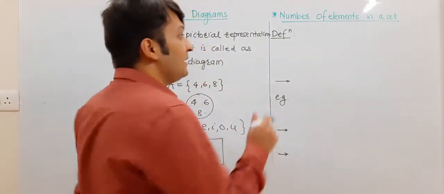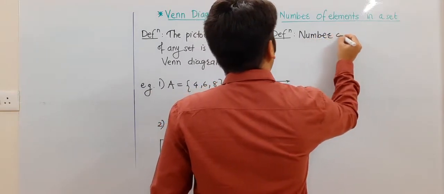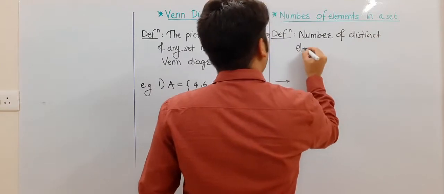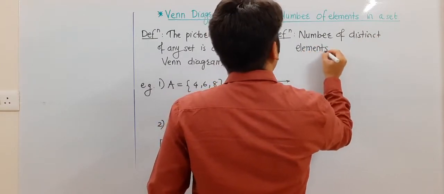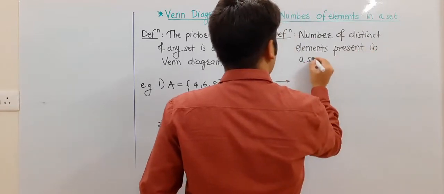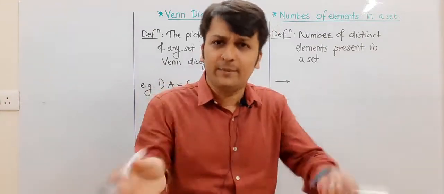Check next. Number of elements in a set. Number of distinct elements present in a set is going to be the number of elements in a set.